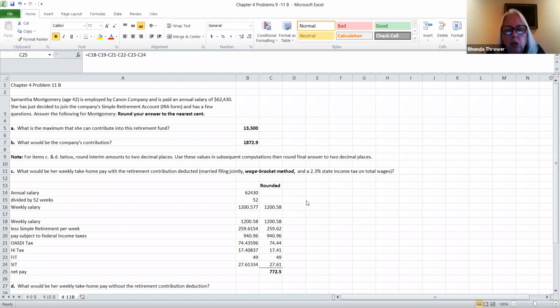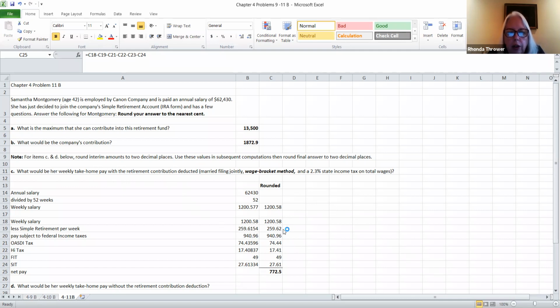So getting back to where we were, looking at what the take-home pay would be with the retirement contribution deducted. What we did is we figured up the weekly salary.